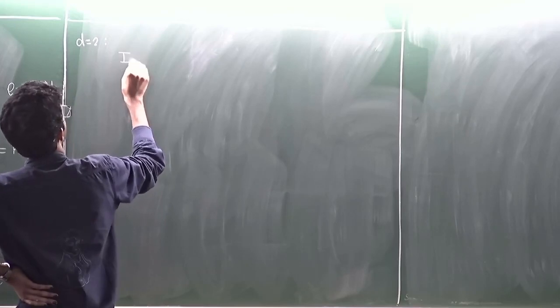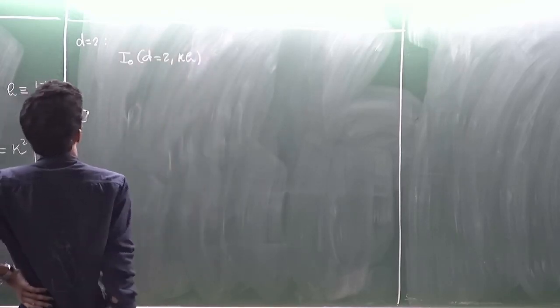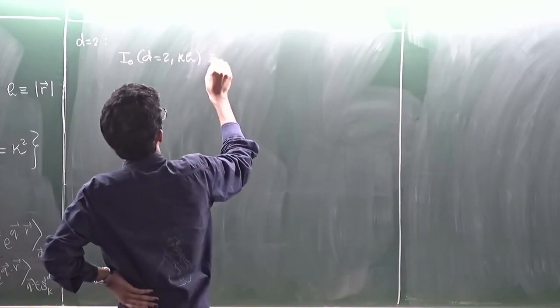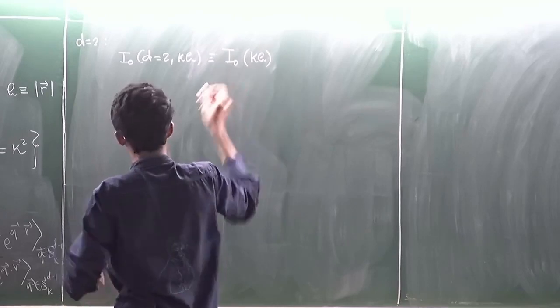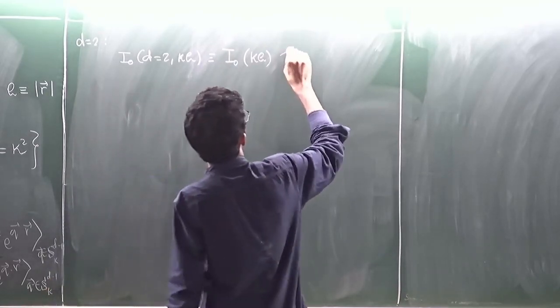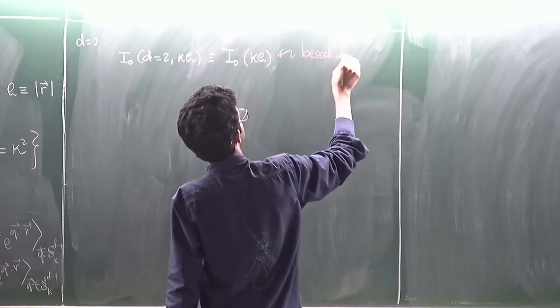Remember, I naught of d equal to 2, kappa rho. This is what people usually denote as capital I naught of kappa rho, and this is called the Bessel I function.